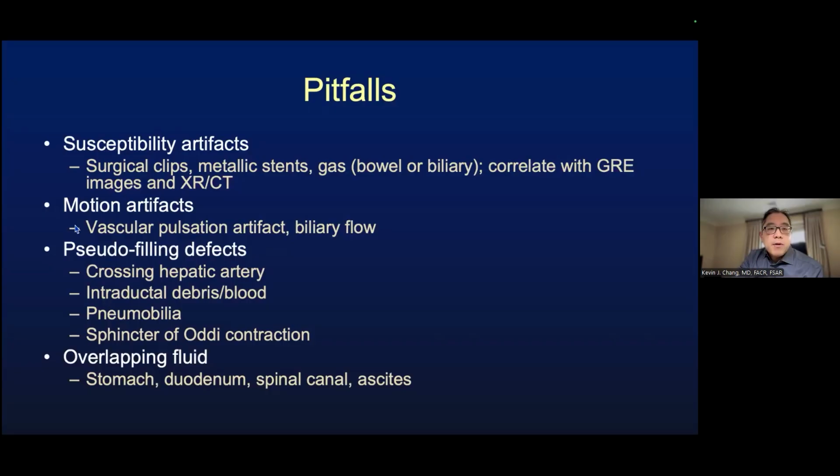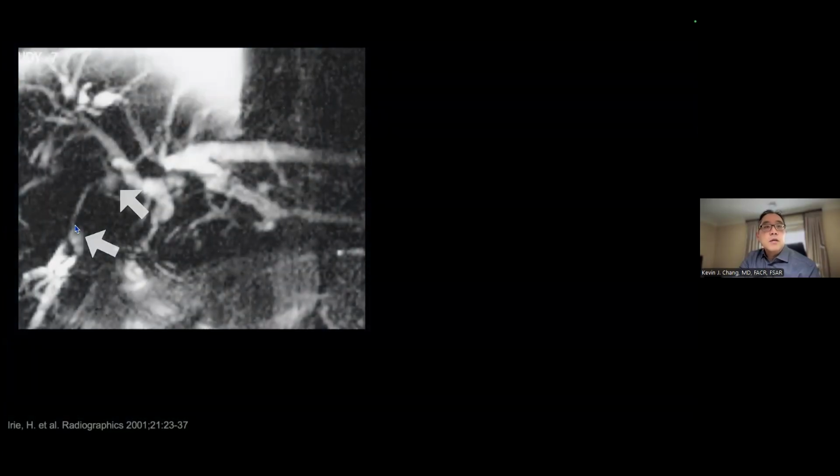And then overlapping fluid-containing structures in the stomach or the duodenum or even the spinal canal or ascites can also obscure visualization of the ducts. Here's an example of an artifact, in this case, in visualizing the biliary tree.